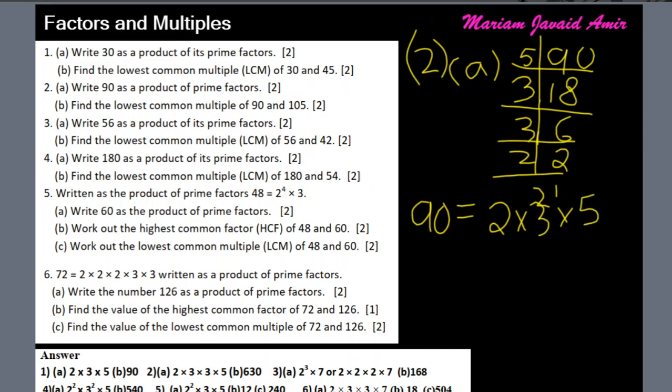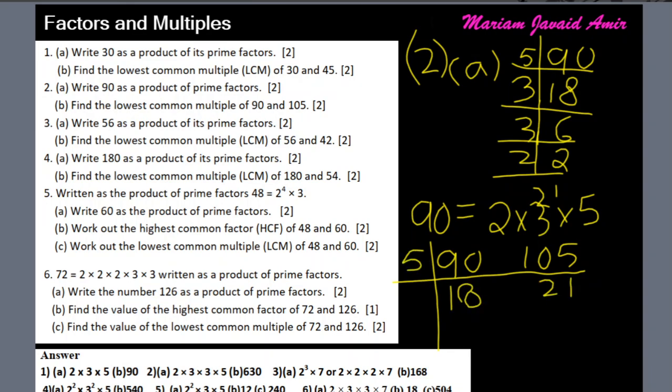Okay. Next we have to find the lowest common multiple of 90 and 105. So one way is again using 90 and 105 like this and start factorizing these. We're looking for a common prime number that divides both of these. So let's start with 5 18s are 90 and 5 21s are 105. Then 3 would divide these two. So 3 6s are 18 and 3 7s are 21.